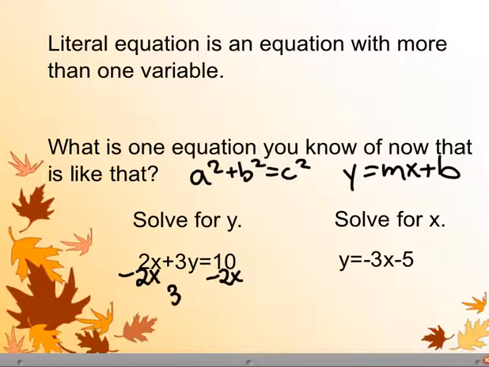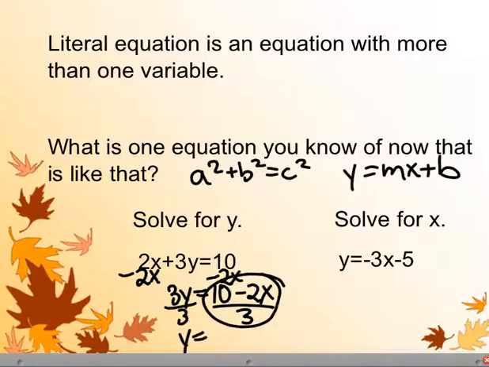So that 3y is equal to 10 minus 2x. And then that 3 is still attached to the y. I don't want that, so I have to divide to get rid of it. So I could say y is equal to this expression up here, or I could divide it out and take 10 divided by 3 minus 2x divided by 3, or 2/3 x, whichever way. So we solve for one of the variables.